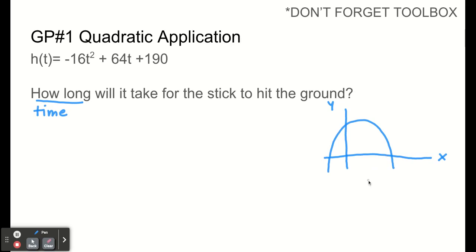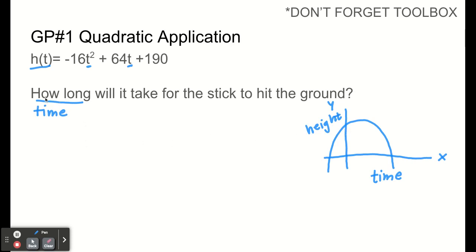So remember that the x-axis is what represents our time. In our equation, you'll notice that the t has replaced the x because our x value represents time. And y is our height at any given time. That is what the y-axis represents.